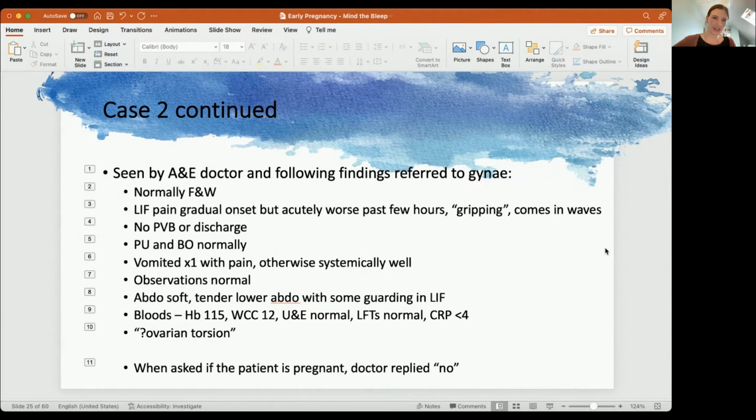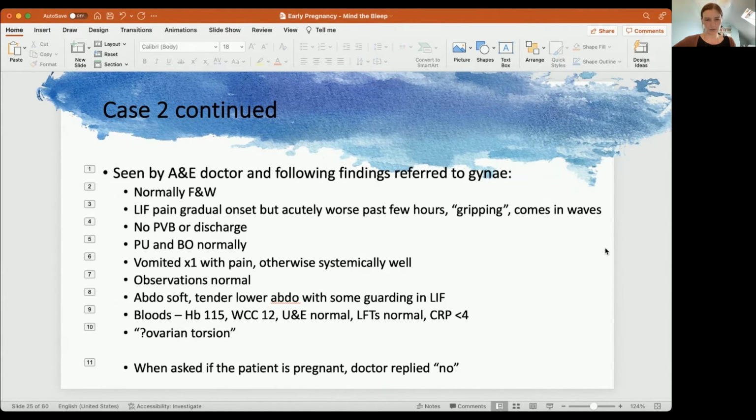I was told this patient is 28, normally fit and well, with left iliac fossa pain, gradual onset but acutely worse in the last few hours, gripping and in waves, no bleeding or discharge. Bowels opened and passing urine normally. Vomited once with pain, but otherwise systemically well. Observations are normal. Abdomen soft, tender in the lower abdomen with guarding in the left iliac fossa.